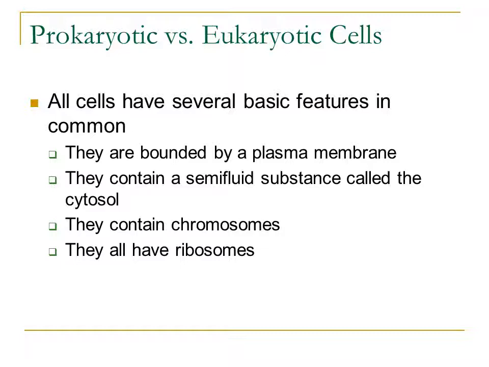You'll become pretty familiar with chromosomes and the fact that they are the genetic code for any living organism. DNA is contained within chromosomes. So understand that all cells have chromosomes. And they also all have these organelles that we call ribosomes. We'll figure out what those are in just a few minutes.